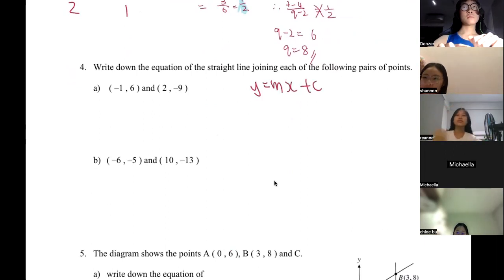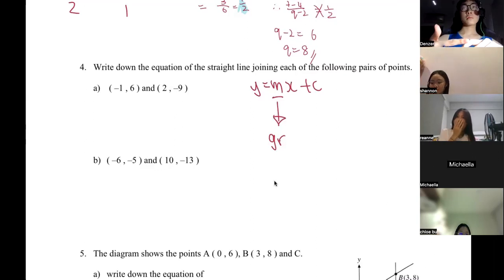Y equals to mx plus c, whereby, Chloe, what is m? Starts with G one. What is your m representing? Oh, gradient. Gradient, that's right. And what is your c representing?